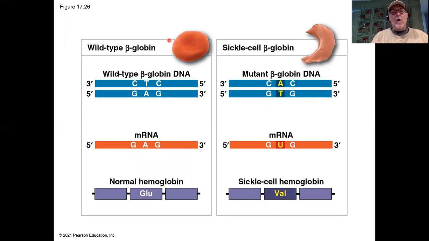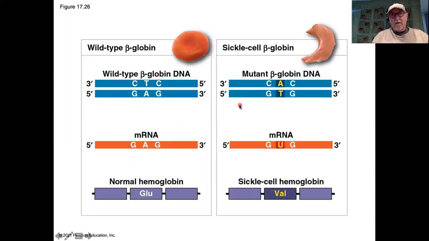And in one of them is beta globin, and here is the sequence that we're particularly interested in. It's 3' CTC, 5' GAG, there it is there. And here is the mRNA, GAG, which results from the gene. So there it is there, and that normally codes for this glutamate.